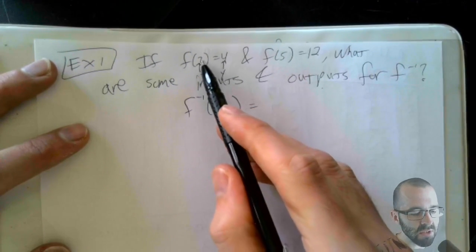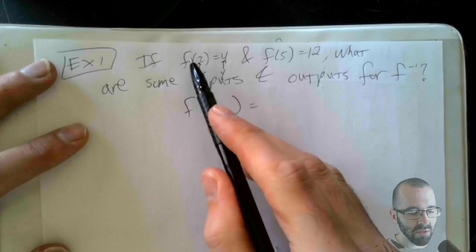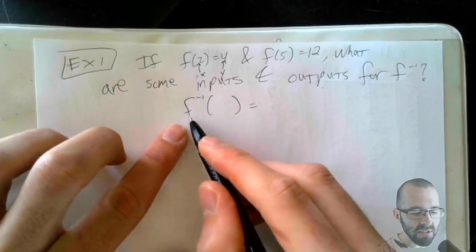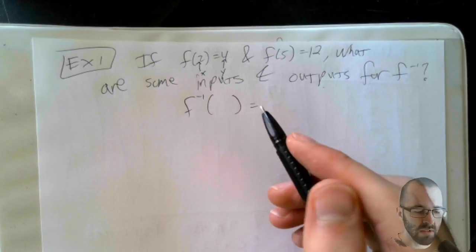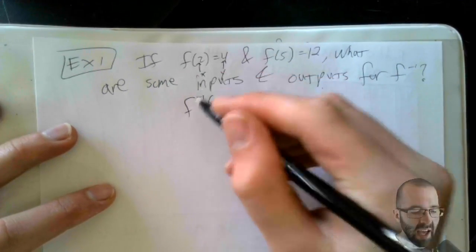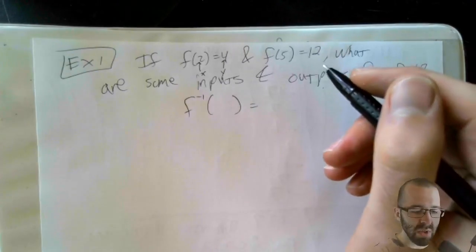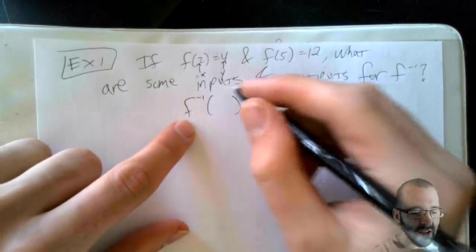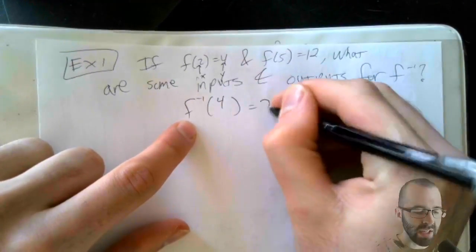So if you plug in 2 and you get out 4 for the function, the inverse is going to go backwards, where you're putting in the y and you're getting out the x. That's how inverse functions work. You switch the x's and the y's. So f inverse of 4 is going to give you 2.